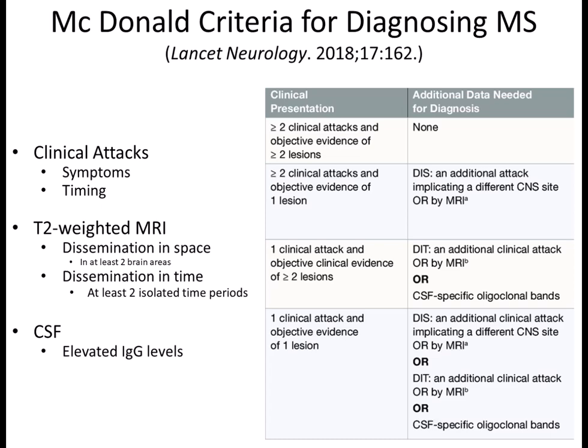That means the lesions visible on the MRI have to occupy unique positions in the central nervous system. Or dissemination in time, which means at least 2 different time periods. Additionally, you can also have elevated IgG levels in your CSF, or cerebrospinal fluid.